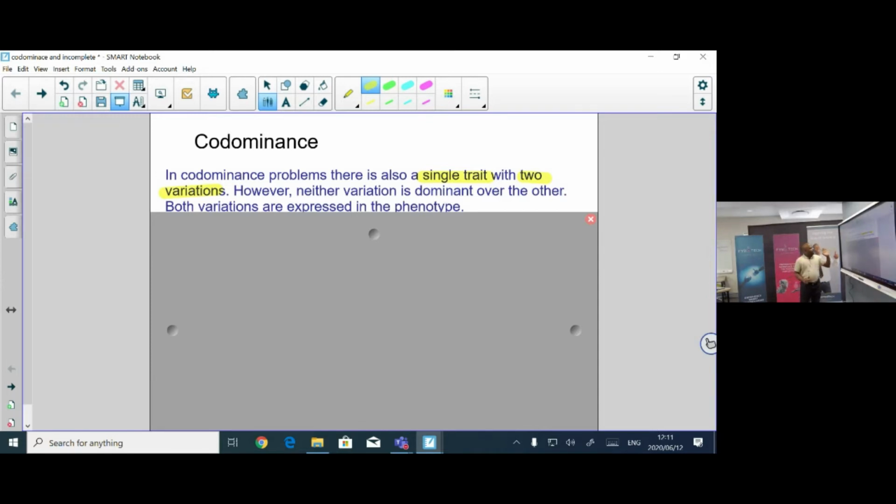However, neither variation is dominant over the other, but the two variations are expressed in the phenotype.